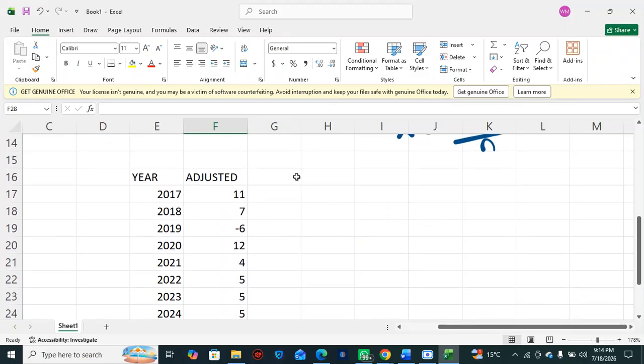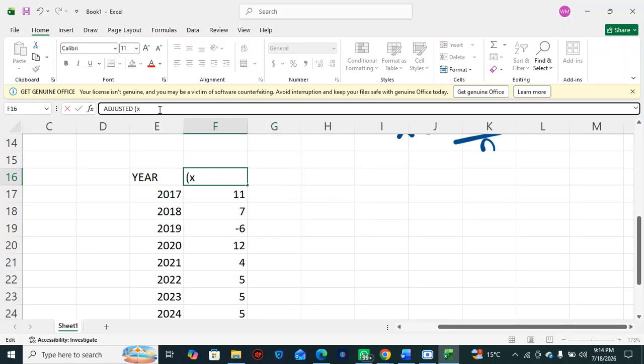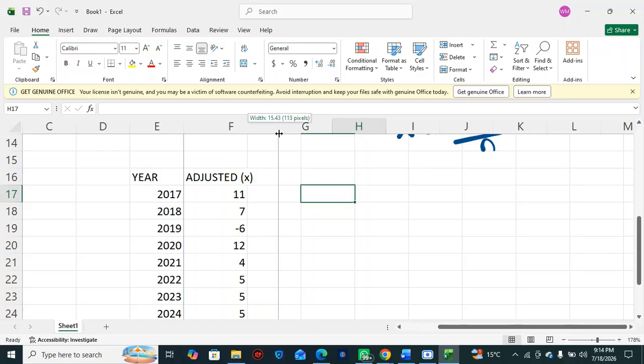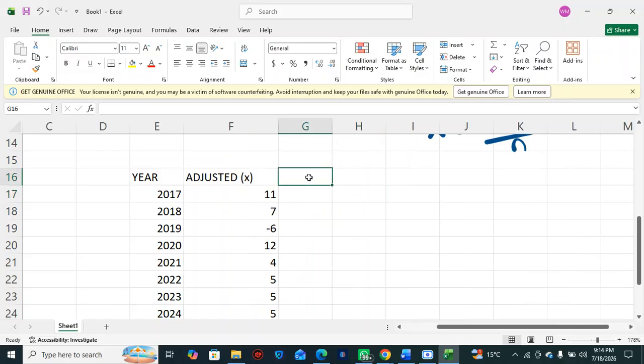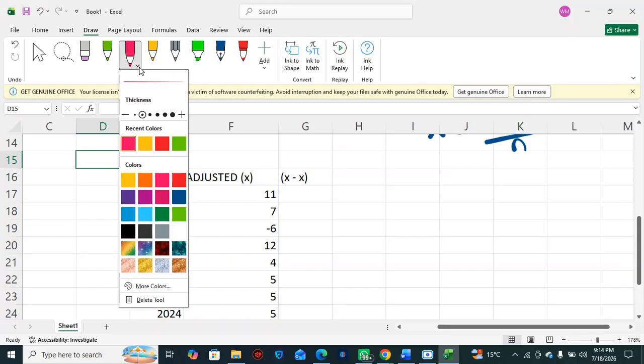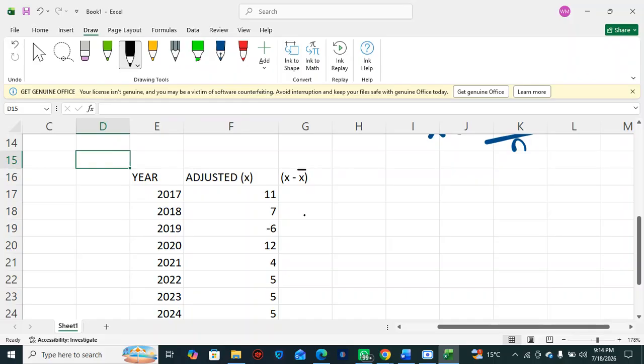Step two, calculate the deviations. The deviation is just how far each of these returns are from the mean. So remember the deviation is x minus x bar, how far each return is from the mean.